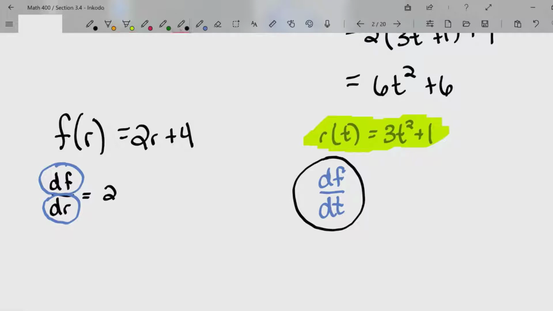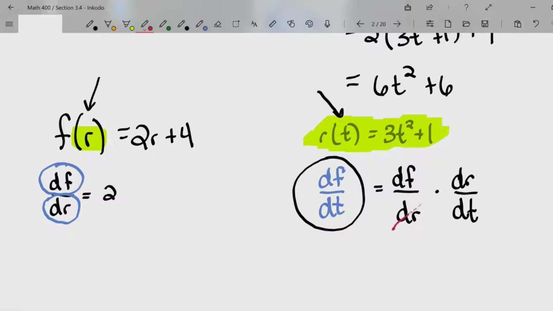I could say, okay, well, first thing I'm going to do is take the derivative of f with respect to the variable that f is defined in terms of. And then I will hop inside of f here, and hopefully that variable is defined in terms of t, which it is. So I'll take the derivative of that variable with respect to time, or t. And you can see here, mathematically or visually, it looks like these cancel.